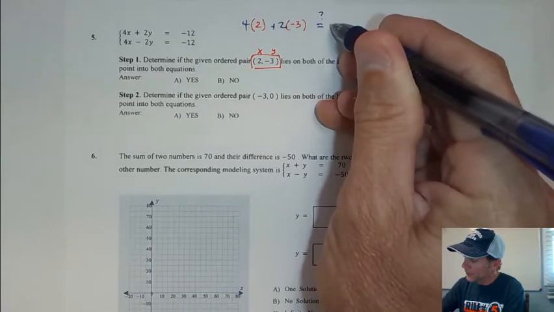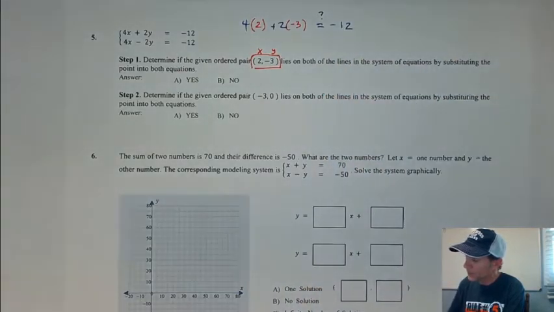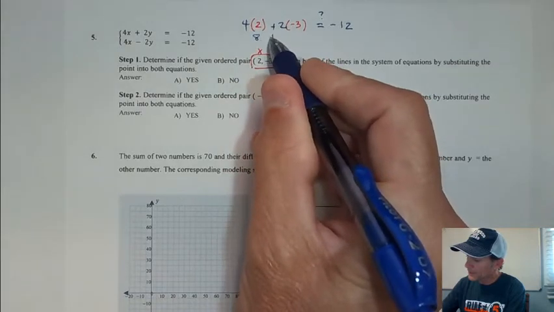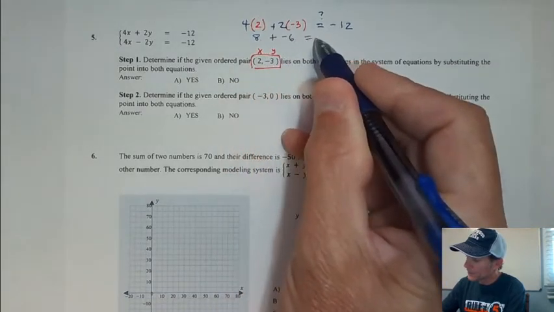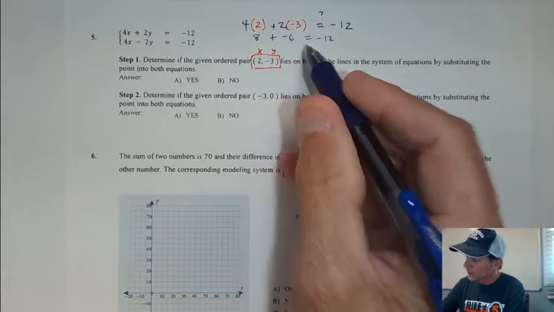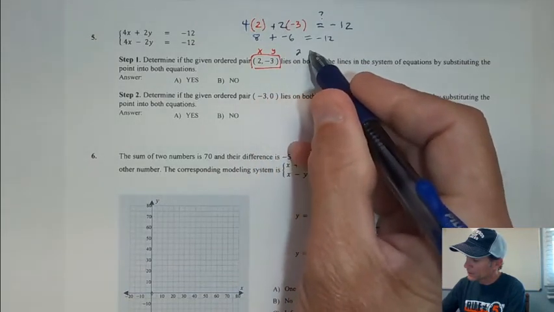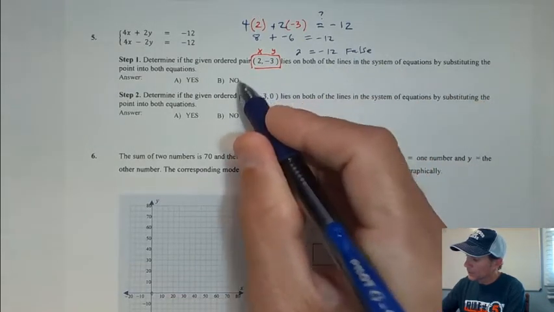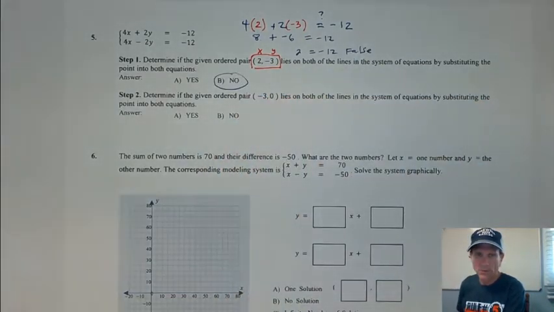That's what I want to know, and it has to be true for both of these. Okay. If we do our calculation over here, we get 8 plus -6, and we probably already see that it's not going to work out. We get 2 equals -12, which is false, okay? So we already know that this is a no by just checking it in one of the lines, okay?